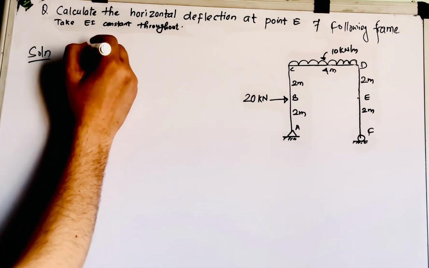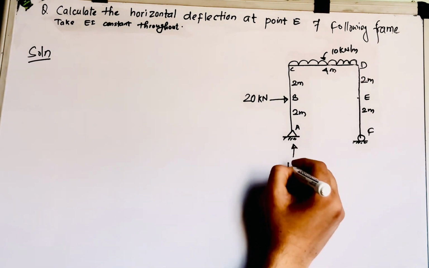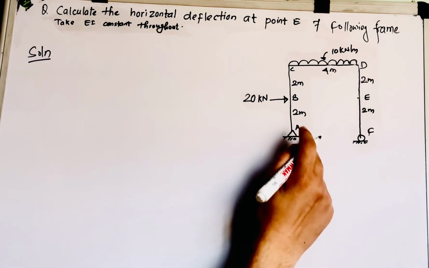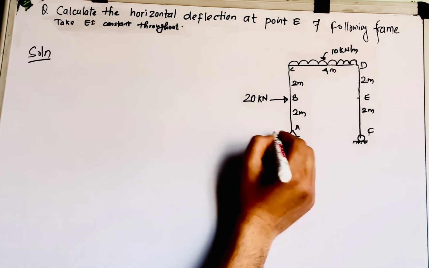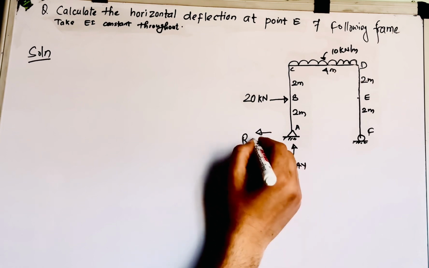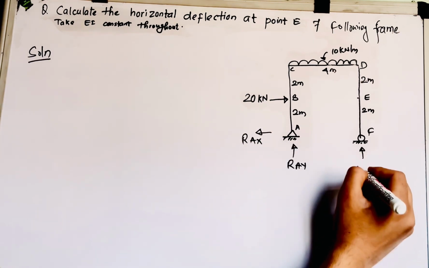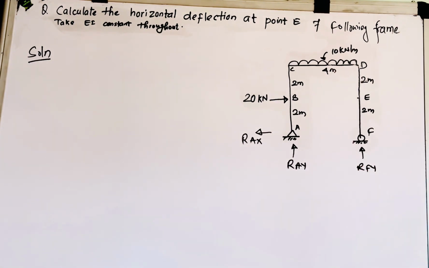Okay, so first, calculations of the support reaction. Let this be the hinge support. There are two unknowns. Let these unknowns be in y direction RAY, in x direction RAX, and this be RFY, right?